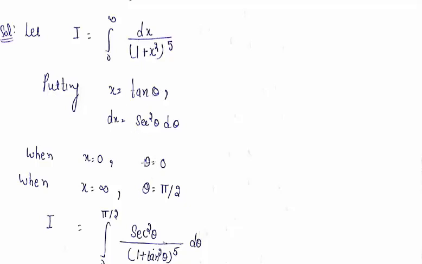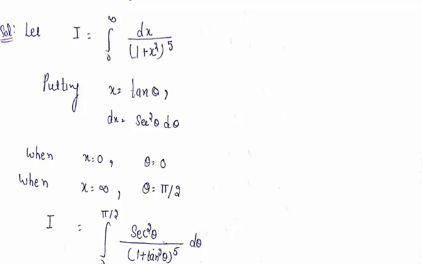So our theta is 0. If we put x equals to infinity, infinity equals tan theta, which implies theta equals tan inverse infinity. And we know that the value of tan is infinity at an angle pi by 2. So our theta is pi by 2.